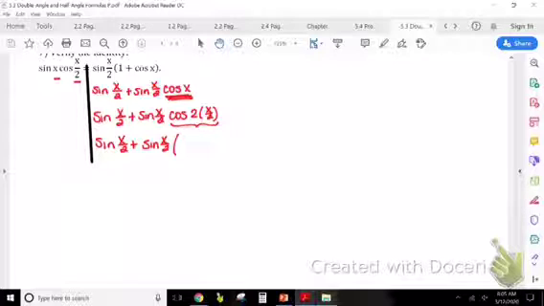Which one do we want to use? There's 3 of them. I'm getting a little nervous because I'm just going to pick, I don't know, I need a sine of x, so I'm going to pick the second one.